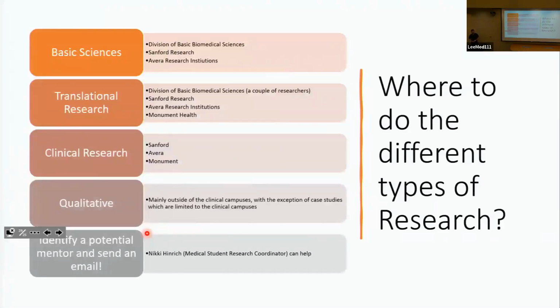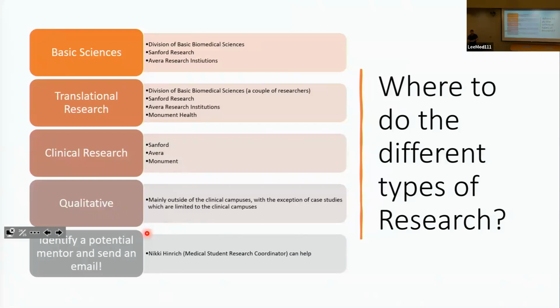So the last thing that I wanted to talk about is, if you want to get involved in research and you know what type of research you want to do, where are the best places to go? Well, basic science research, if you're interested in that pre-translational research, research at the bench types of things, obviously, you probably know that within the medical school, there is a division of basic biomedical science. This is where you should first turn if you're interested in basic science research.